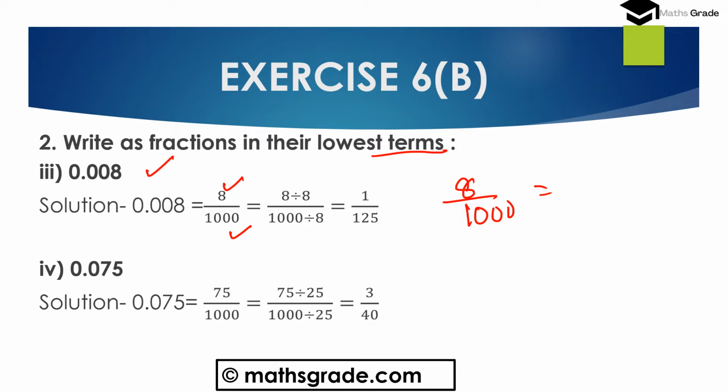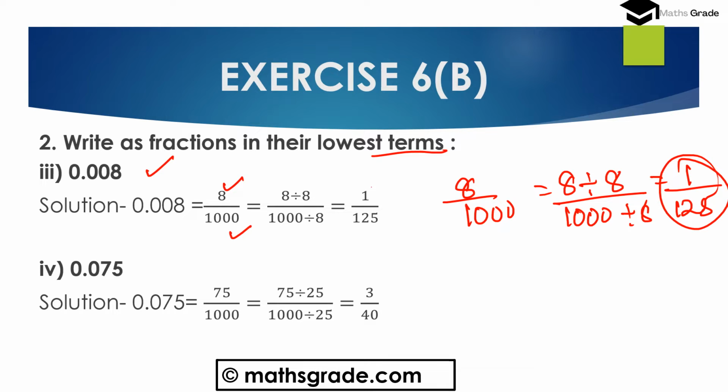Between 8 and 1000, 8 is the highest common factor. So divide numerator 8 and denominator 1000 by 8. So 8 divided by 8 is 1 and 1000 divided by 8 is 125. So 1 divided by 125 is the lowest term or the simplest form of the decimal 0.008.